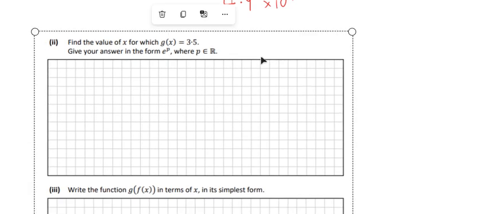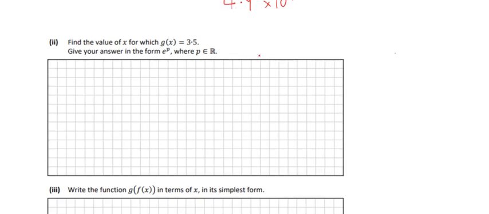Right, next part, find the value of x for which g of x is equal to 3.5. So we're going to let g of x be equal to 3.5. So that's ln of root x is equal to 3.5. There's a couple of ways you could go about it.